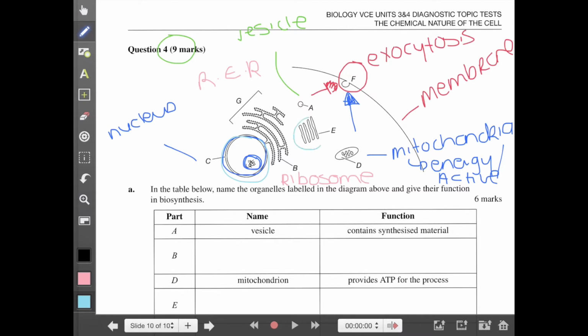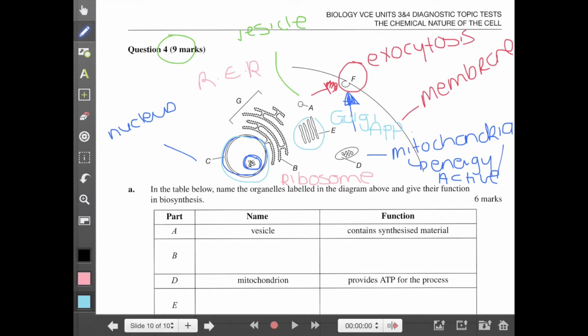So E, just from your understanding of protein synthesis, must be the Golgi apparatus. Again, I'm going to simplify, but please make sure you're writing full names. So the Golgi apparatus can be referred to as the Golgi apparatus, the Golgi bodies, but never just the Golgi.